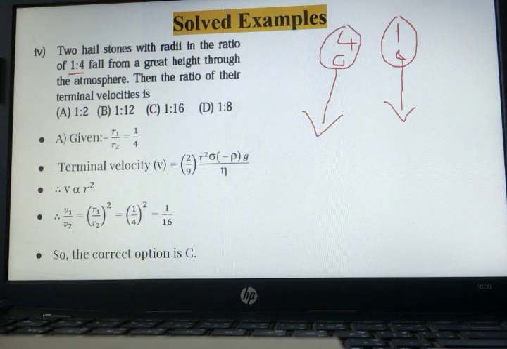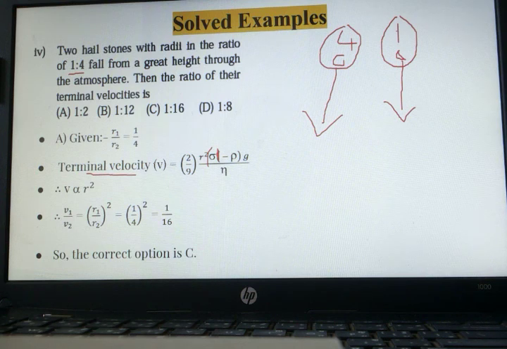Now we have to find the ratio of the terminal velocities. So R1 upon R2 is 1/4. The terminal velocity formula is V is equal to 2 upon 9 R square, density of solid minus density of liquid, G upon terminal velocity.